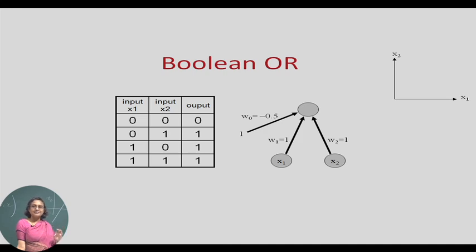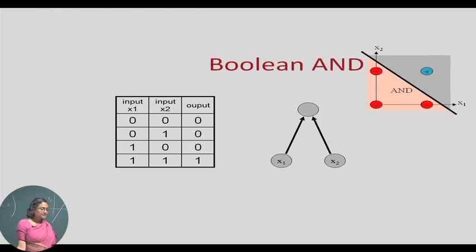This is an example of a set of values which can implement this function. Okay. So, this is the representation of the OR function, and given these particular values of W0, W1 and W2, we get a linear decision boundary which separates the space into two regions, so that the plus points are in one region, the minus points are in another region.